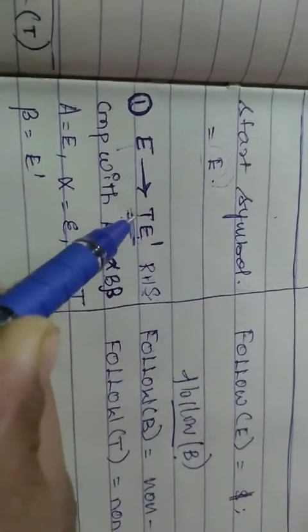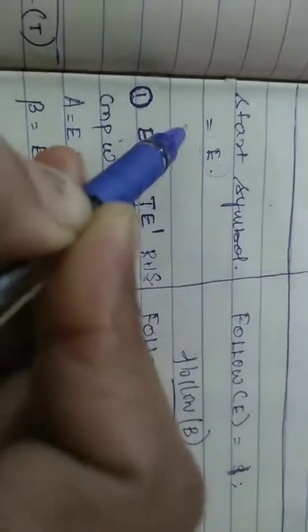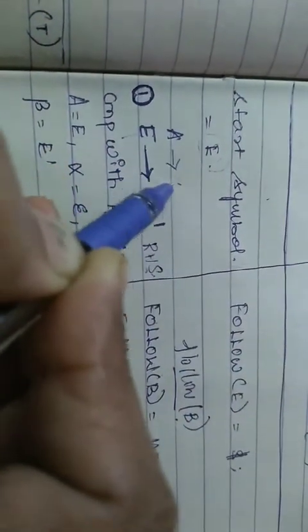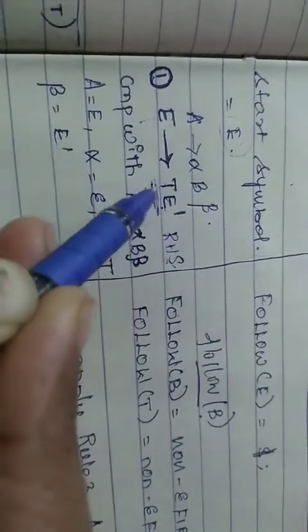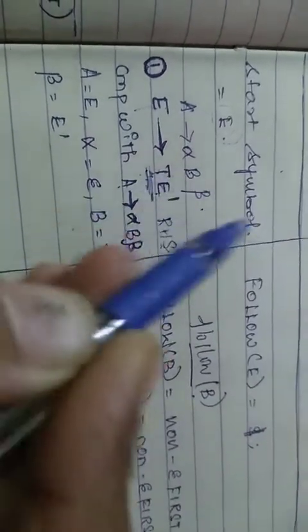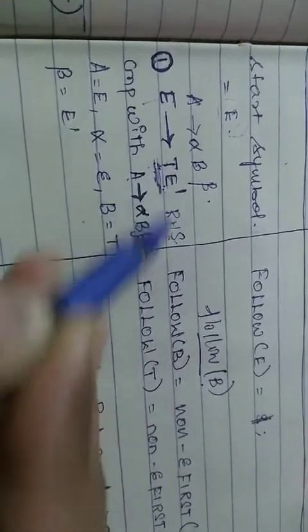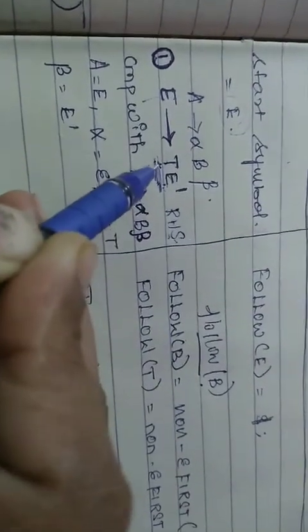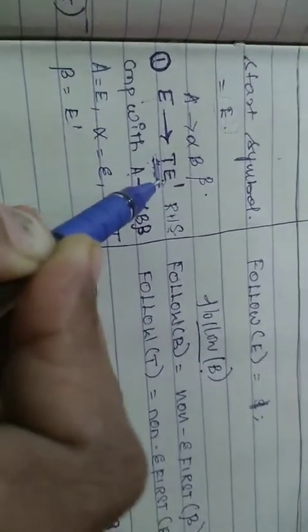Means B has to be equated with T. Whenever I'm comparing this with A gives alpha B beta, make sure that your B has to be equated with T. Later, the B has to be equated with E dash. Only then you can find follow of B. Follow of B is what? Follow of T. After that, if you equate that B here, follow of E dash.